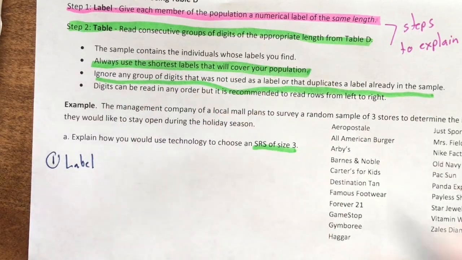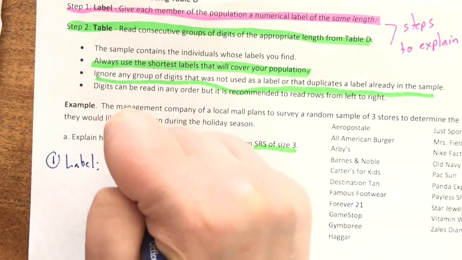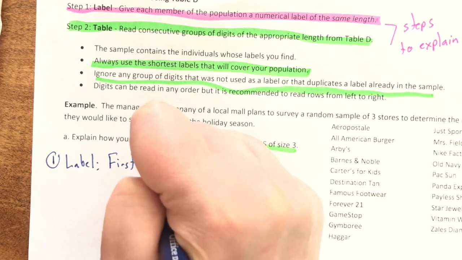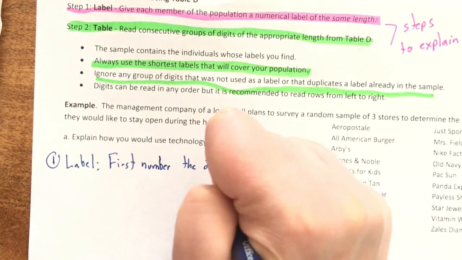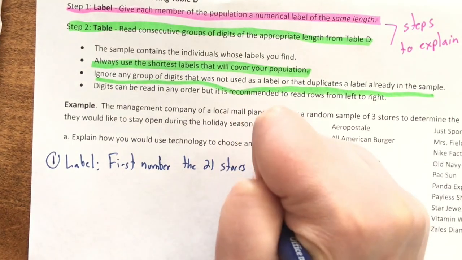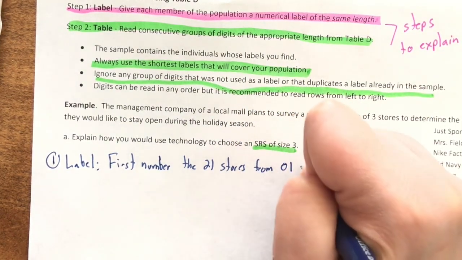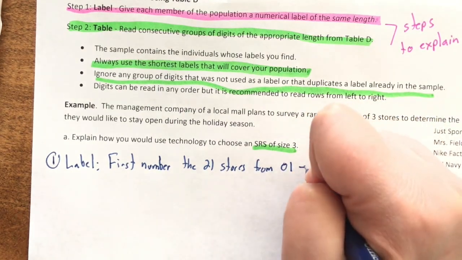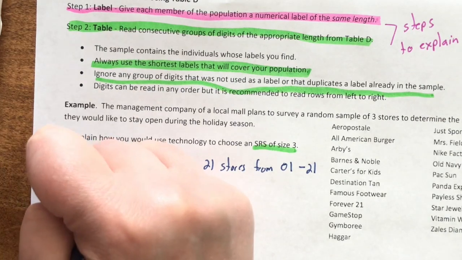So label. If we take a look, we would count and see that we have 21 stores. So your first step is to label the 21 stores from 01 to 21, and we're going to state that we're going to do it in alpha order.